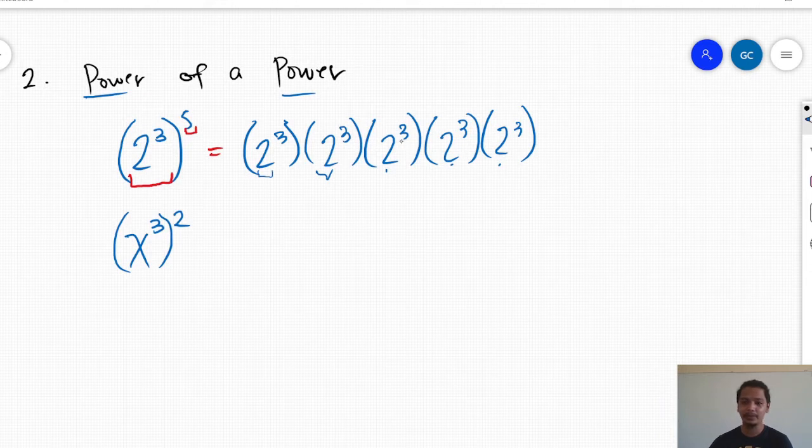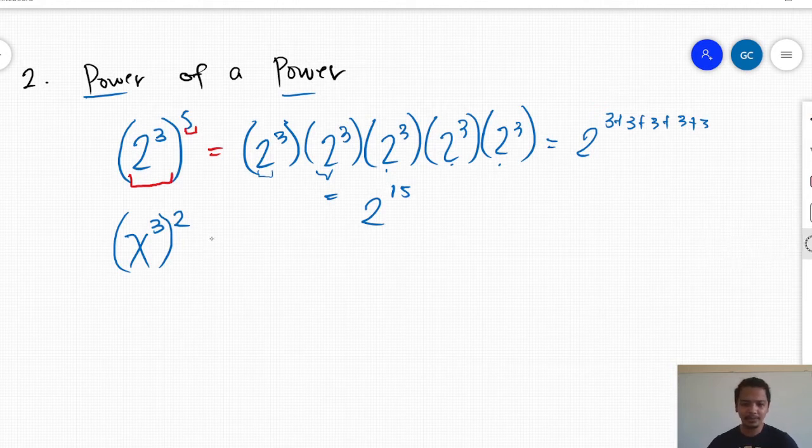So, we'll have 3 plus 3 plus 3, that is 9. Plus 3, that is 12. Plus 3, we have 15. So basically, we have 2 raised to 3 plus 3 plus 3 plus 3 plus 3, that will be equal to 2 raised to 15.